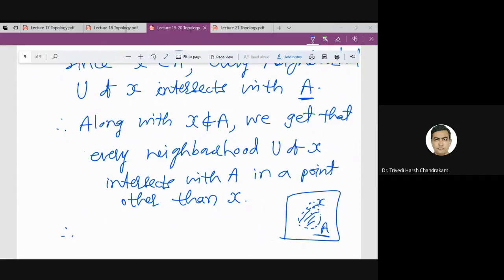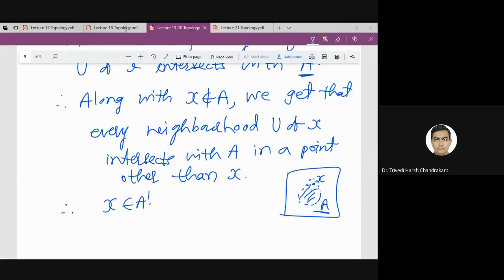So therefore what we'll get is X is in A dash. So this will complete the second part.